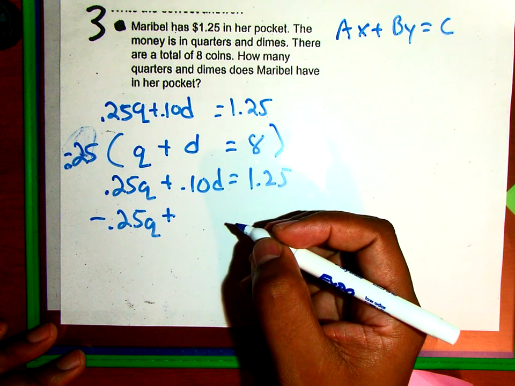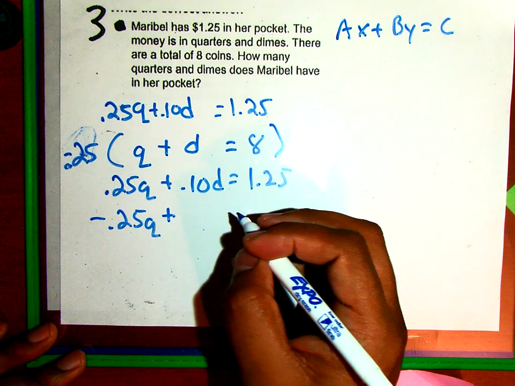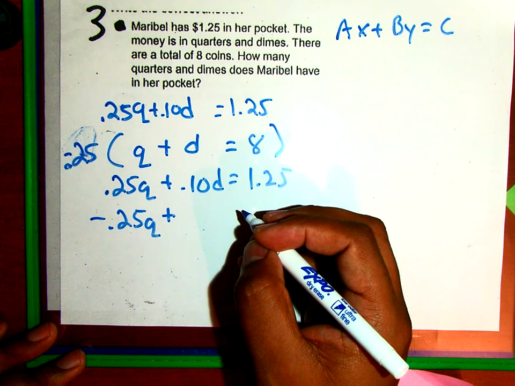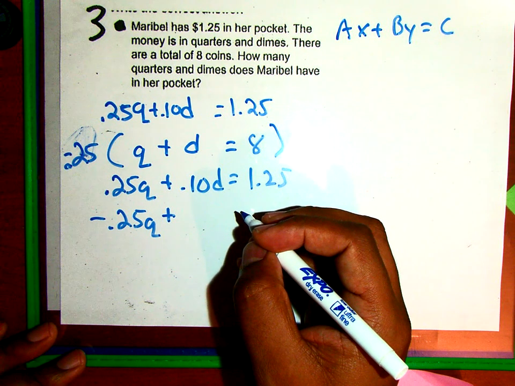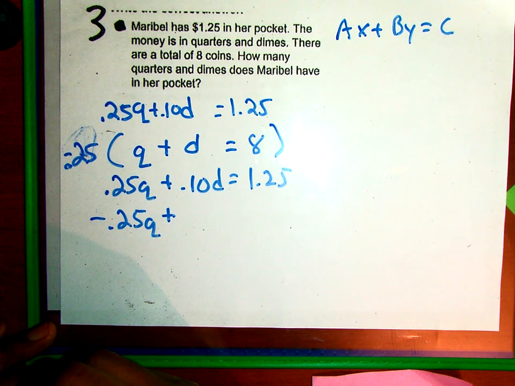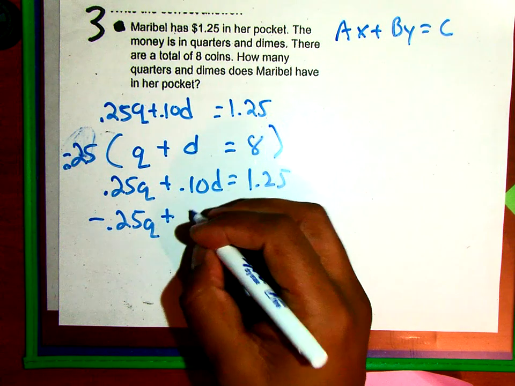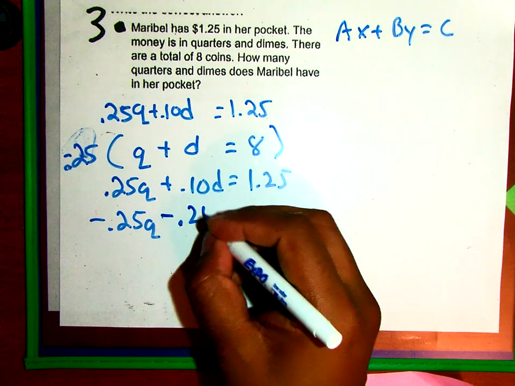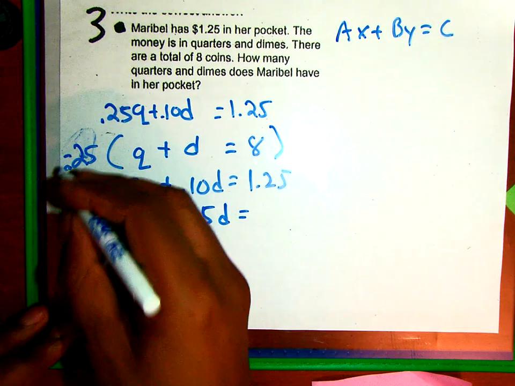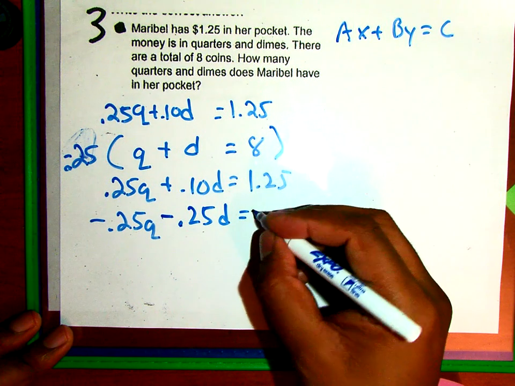Negative 0.25Q, and it's going to make this a negative 0.25D is equal to negative $2.